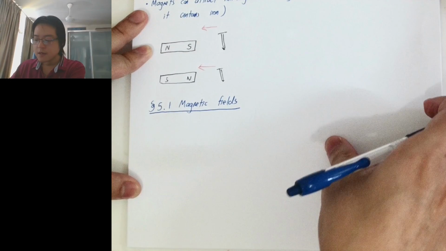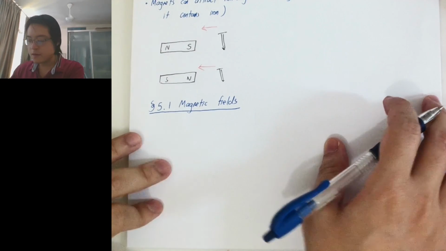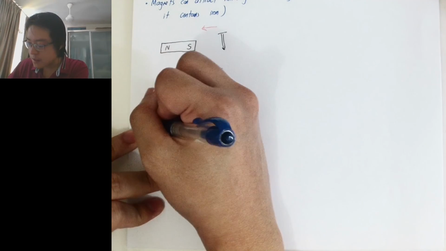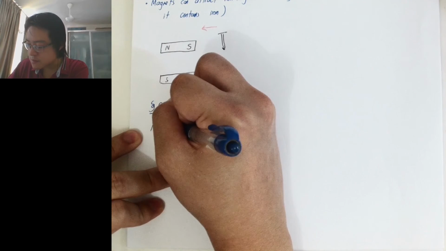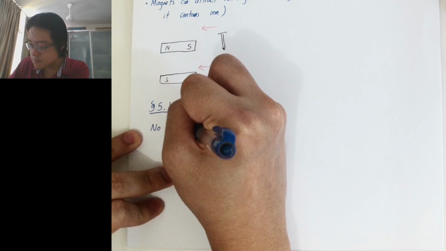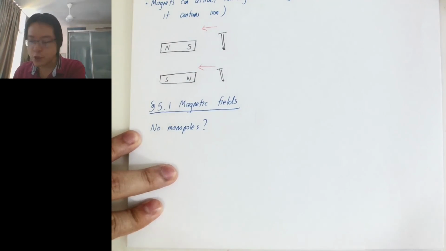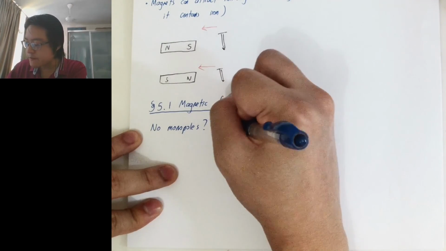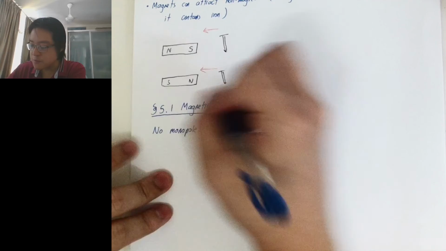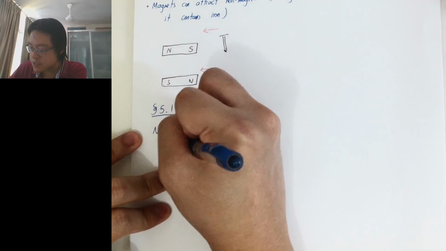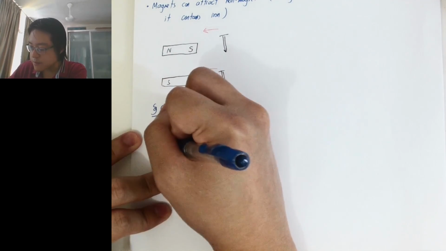Okay, so the thing about magnetic fields, let's start with this issue: no monopoles. What is the consequence of having no monopoles? For electric fields, we have charges, but no magnetic charges.